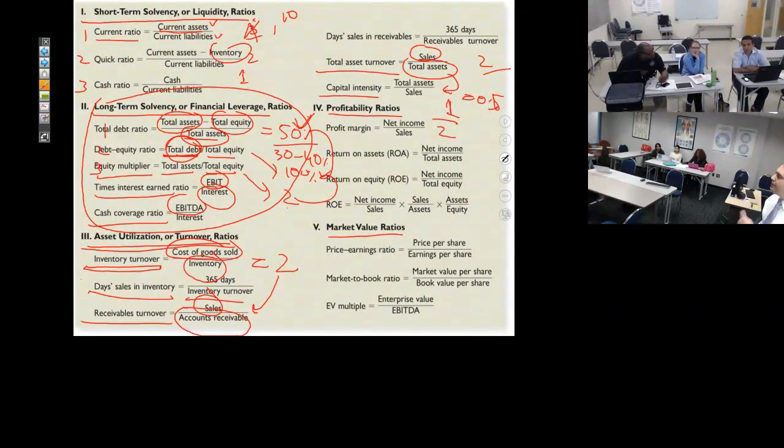Now, it's not actually a profit. What it means is that your total assets are half of your total sales. In other words, for every $2 of sales, you need $1 in total assets. And what you use this for is, for example, when you are projecting your sales to double next year.